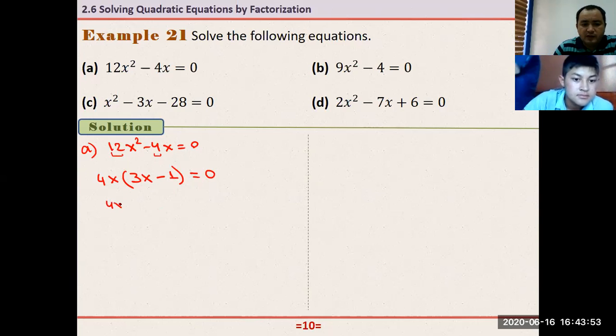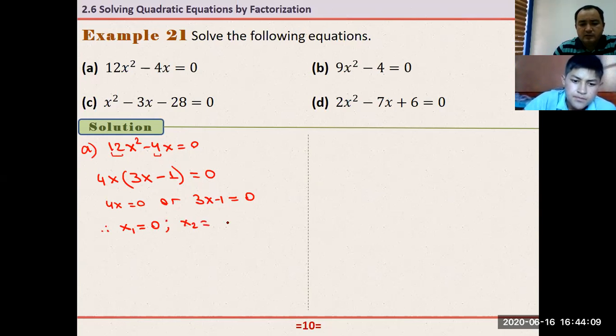That means 4x should be equal to 0, or 3x minus 1 should be equal to 0. So from here, x sub 1 must be equal to 0, and x sub 2, what is it? 1 over 3.